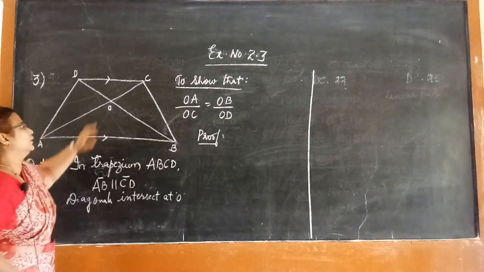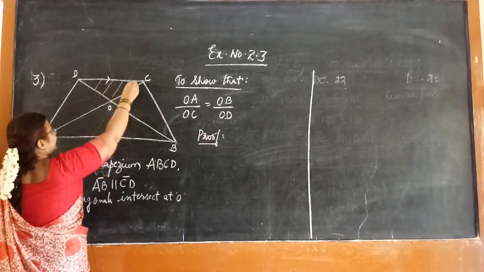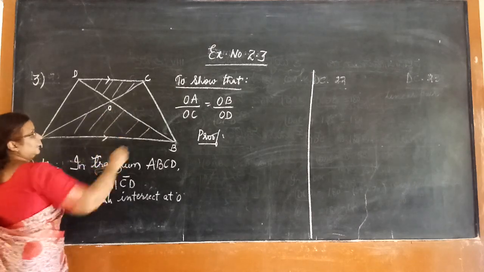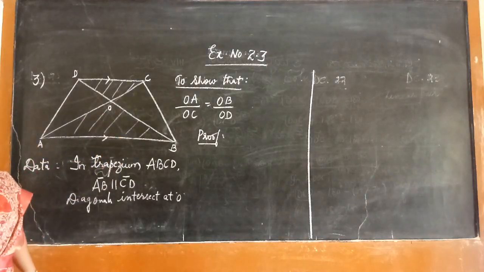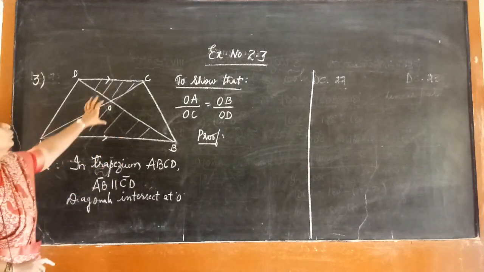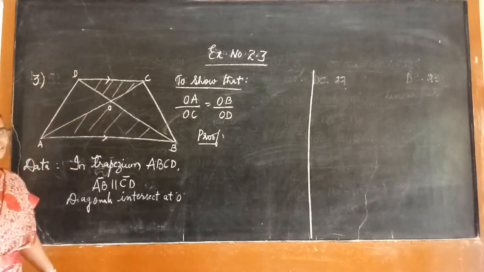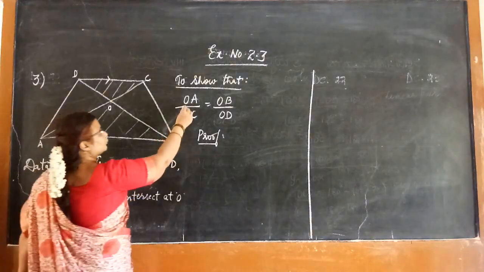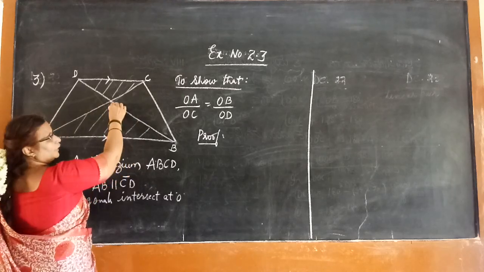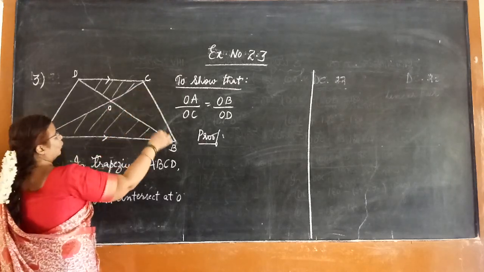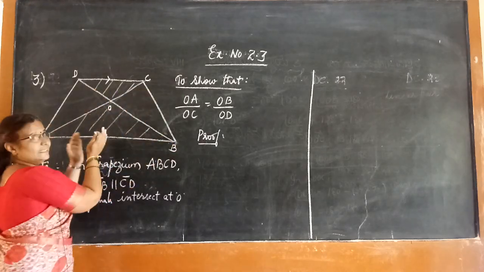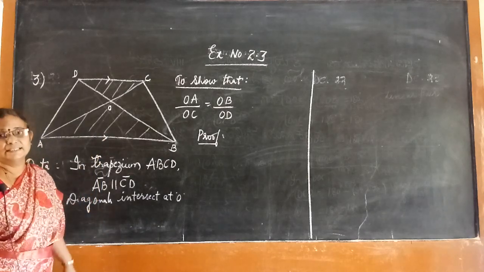Now let us show these two triangles are equiangular and similar. Why should I take only these two triangles? It's a question. Look at what I have to prove. OA, OC, OB, OD are in these triangles. Sides are in this triangle.